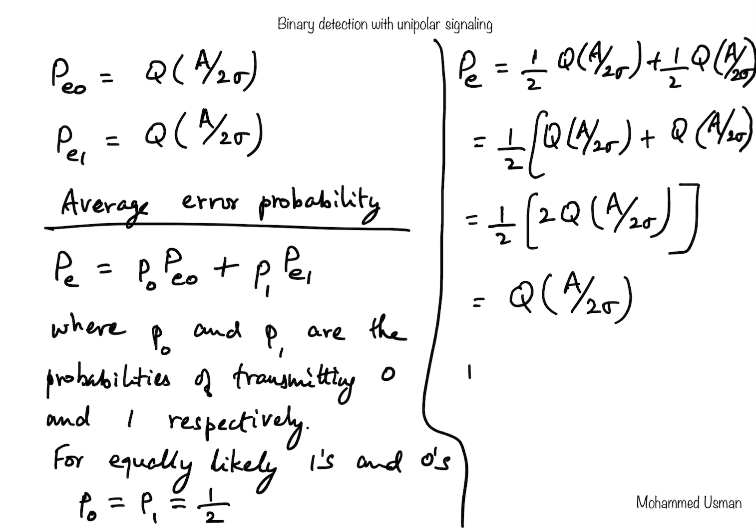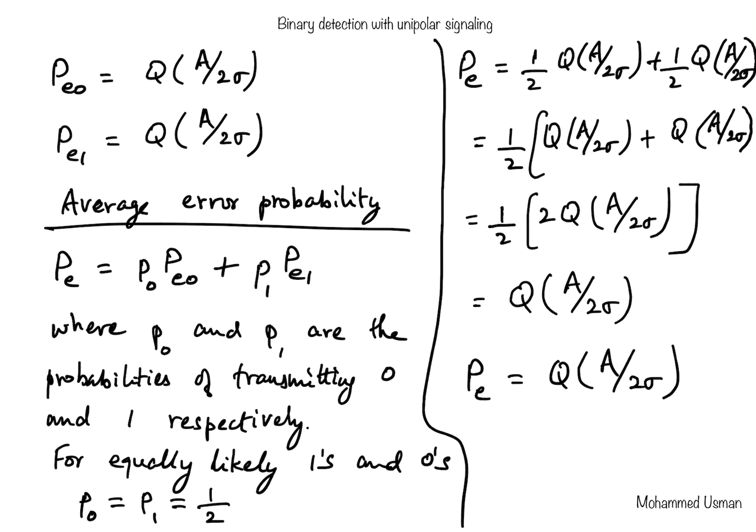So the average probability of error, PE, for unipolar signaling is equal to the Q function of A by 2 sigma. So if you notice here, sigma is a variable that depends on the noise. It is the standard deviation of noise. 2 is a constant. So this probability of error depends on A here.